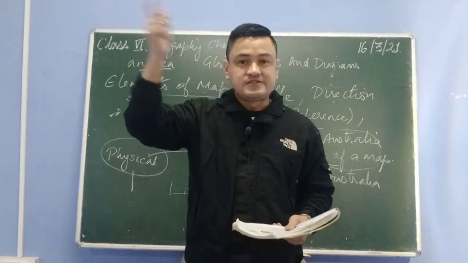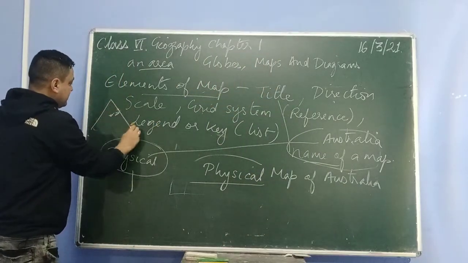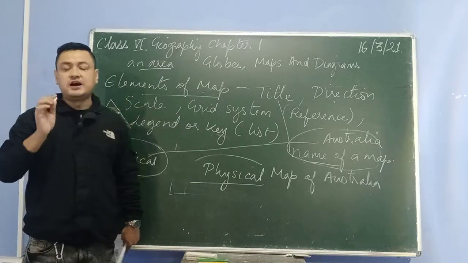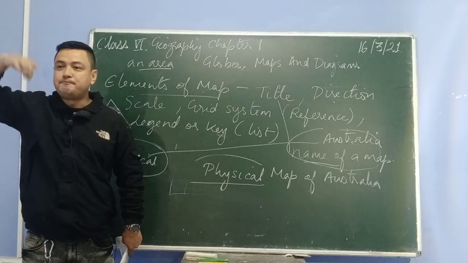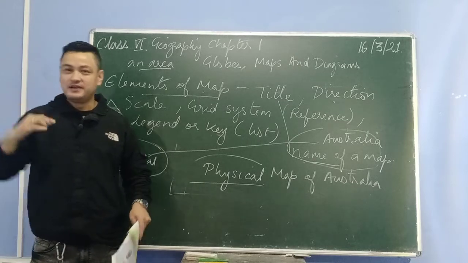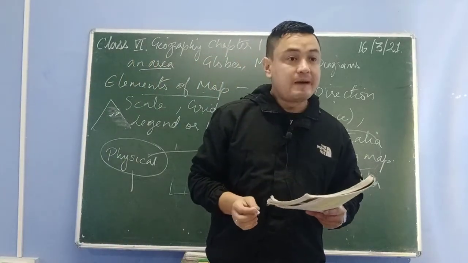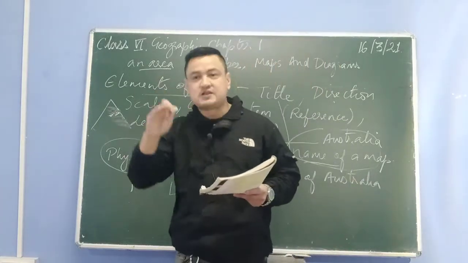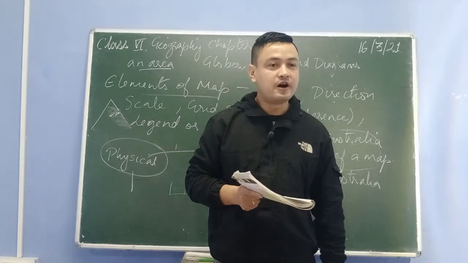In arts also you do shading of the hills, no? Like you make a mountain and you make a shading. This shading is done also in a map to show the height of a particular landform or a mountain. Are you understanding? So, relief map is a physical map. Underline that and write it down. It's a physical map. Write it down.